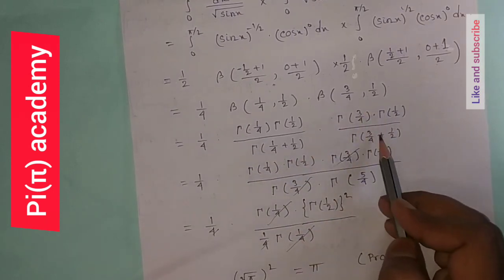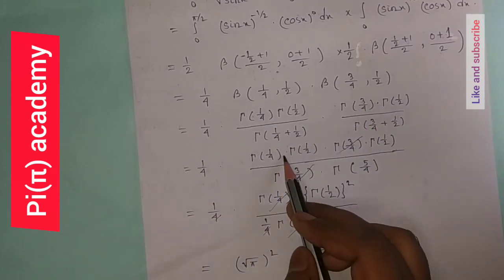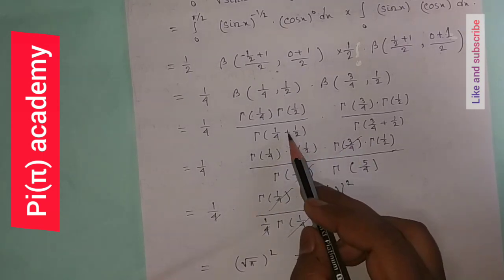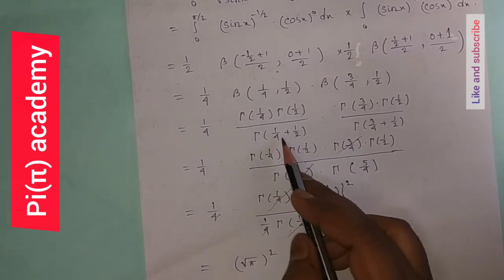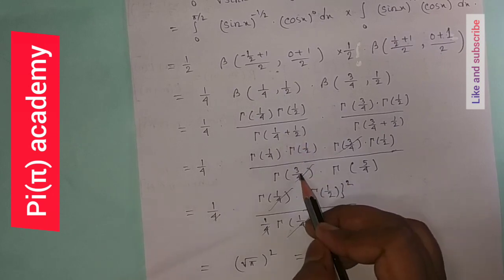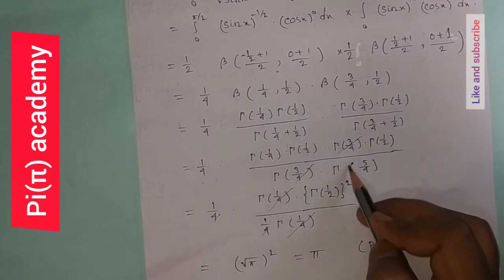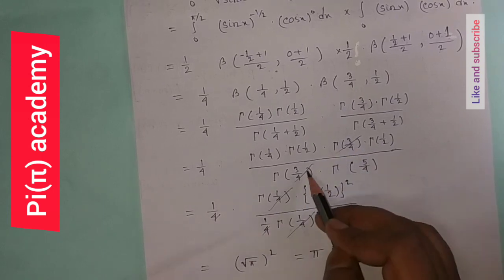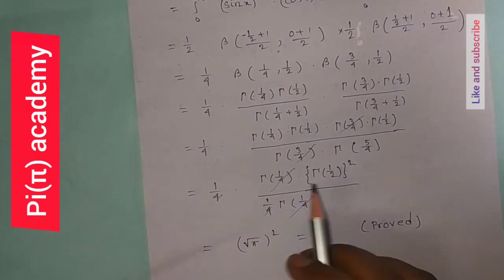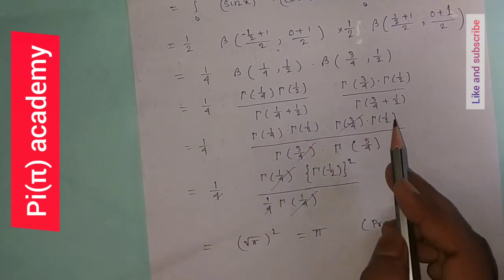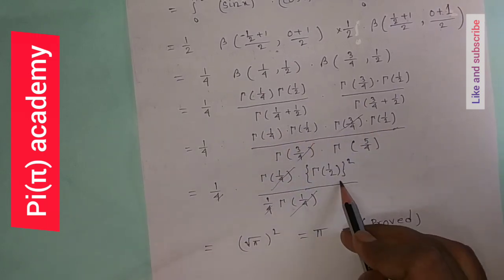Similarly this. Now here gamma of 1 by 4 plus 1 by half, that is gamma 3 by 4, and gamma of 3 by 4 plus half, gamma 5 by 4. Gamma 3 by 4 and gamma 3 by 4 cancel, then gamma 1 by 4 gamma half into gamma half, that is gamma half whole square.